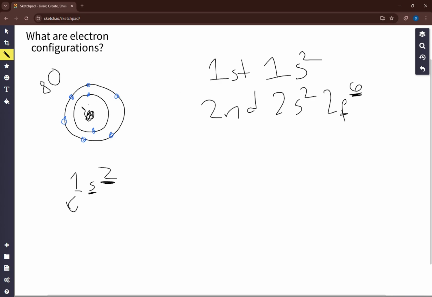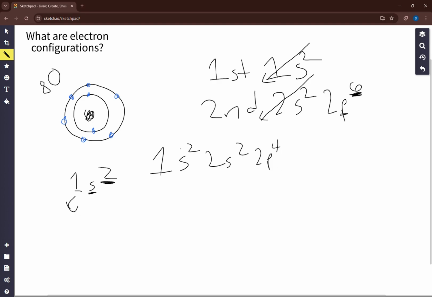So if we wanted to write out oxygen's electron configuration, we'd write 1s2, draw this diagonal arrow downwards, 2s2, draw this diagonal arrow downwards, it'll become important later, 2p4. The reason we're putting 4 is because even though the subshell can hold a maximum of 6 electrons, we only need 4 because oxygen has 8 electrons. You add up the exponents: 2 plus 2 plus 4 equals 8.